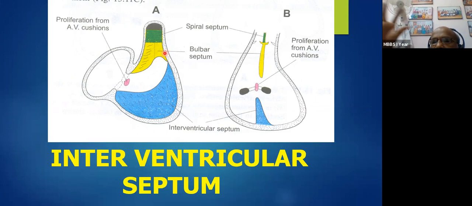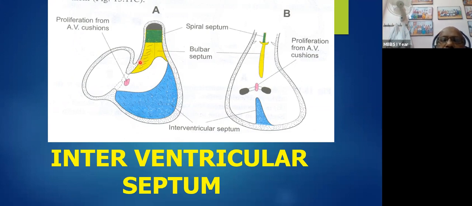Otherwise, the entire left ventricle is muscular, just opposite to the left atrium. The entire left atrium is smooth. Here the entire left ventricle is muscular. Only a very small part close to the origin of the aorta, you will be having that aortic vestibule. Both are derived from the conus part of the bulbus cordis.